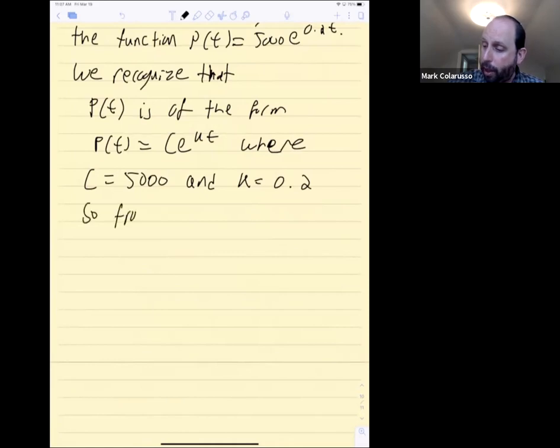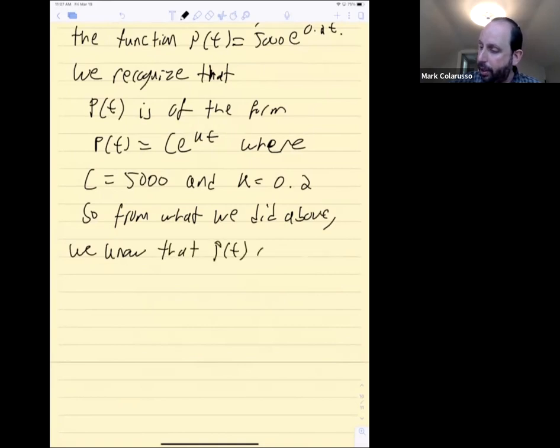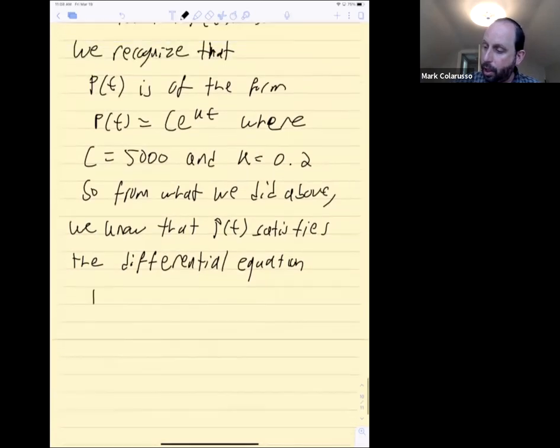So from what we did above, we know that p of t satisfies the differential equation p prime of t equals k times p of t, and this is just 0.2 times p of t.